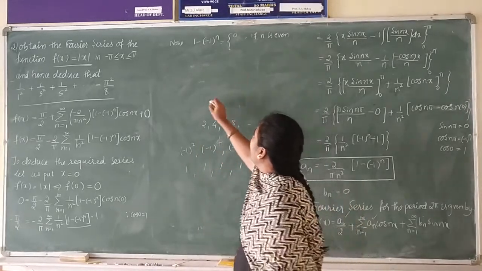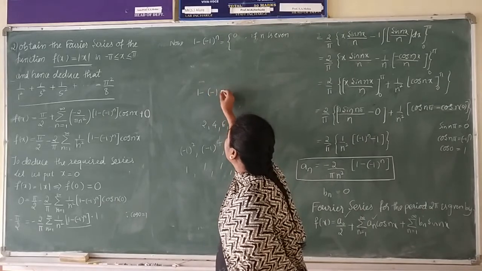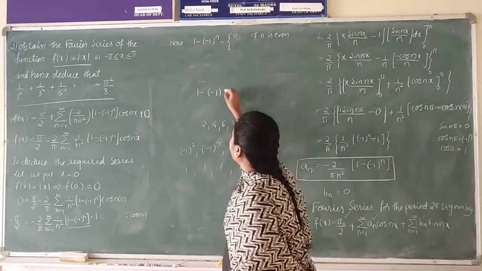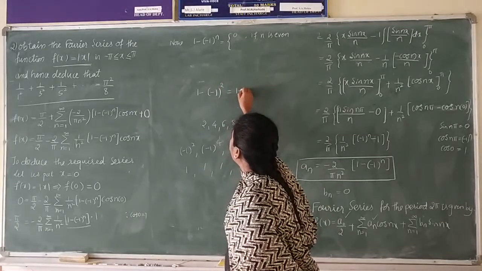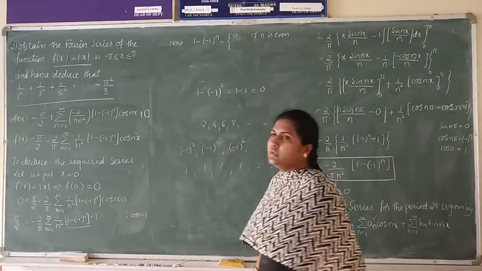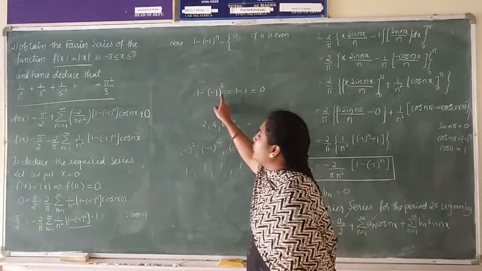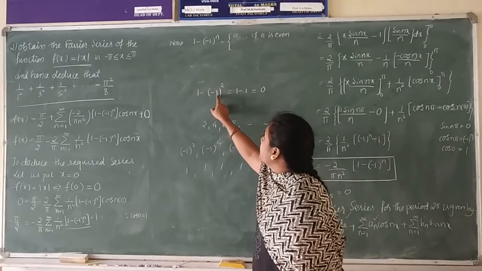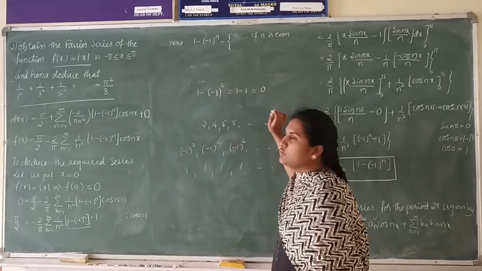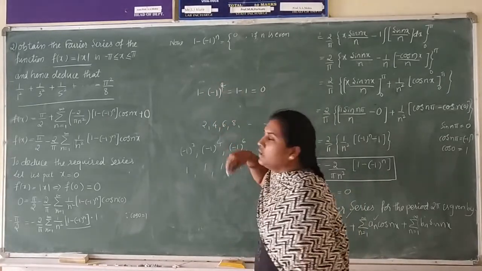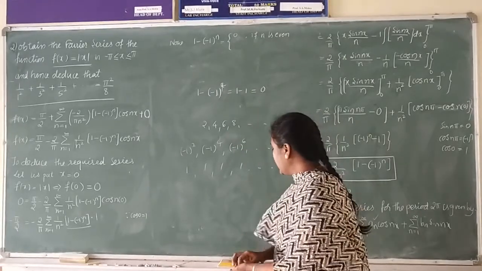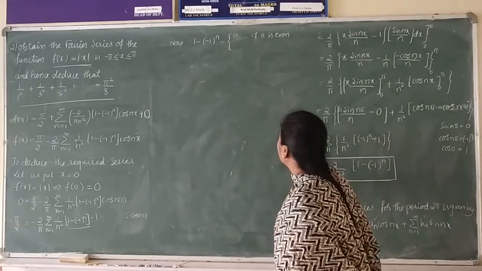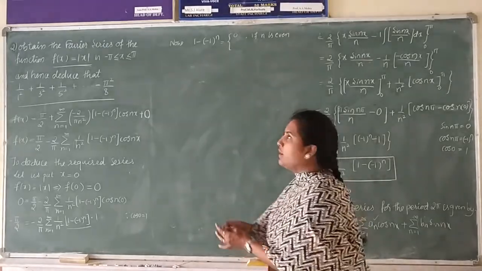Then 1 minus of minus 1 raised to n means 1 minus 1, which is equal to 0. If you put 4, again 0. If you put 6, again 0. So if you substitute n equal to even numbers, the value of this term is 0.